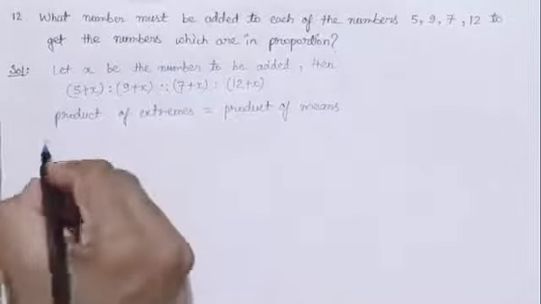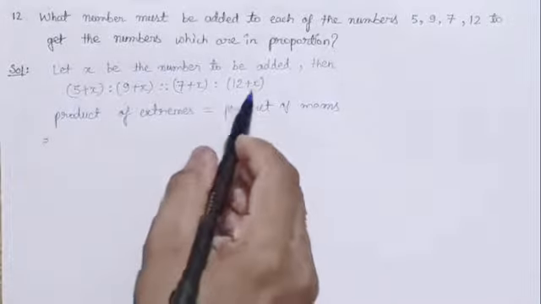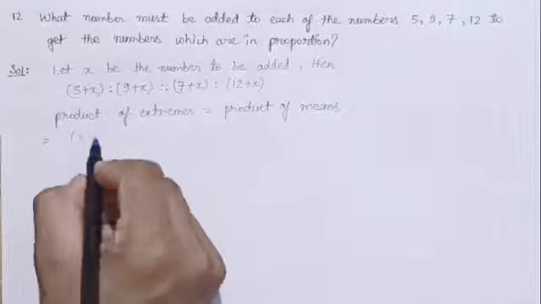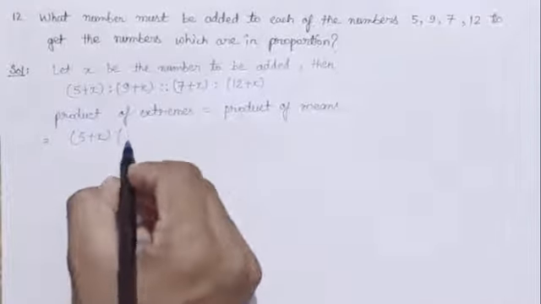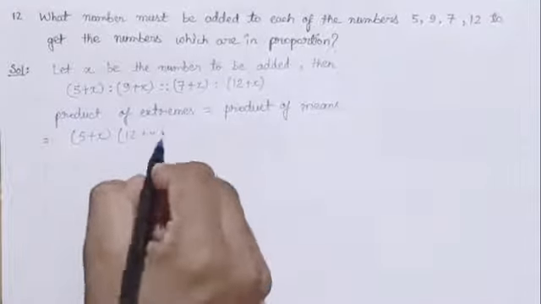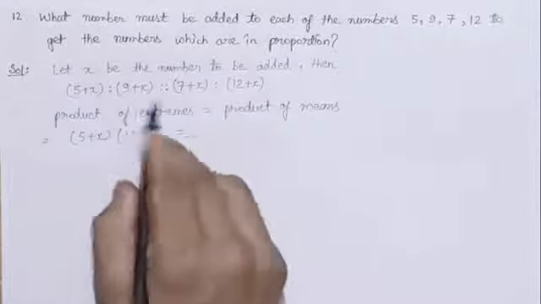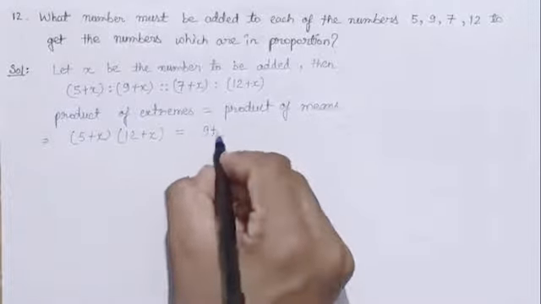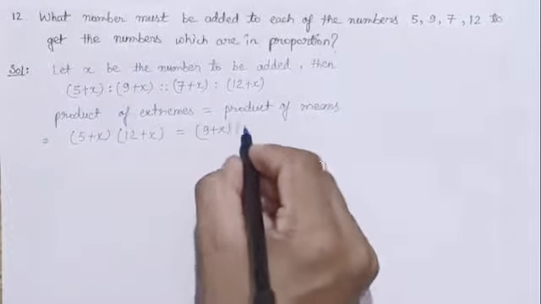So it implies that 5 plus x into 12 plus x equals 9 plus x into 7 plus x.